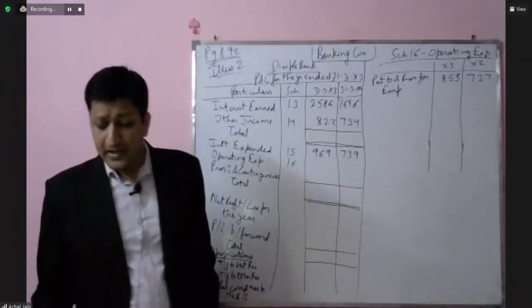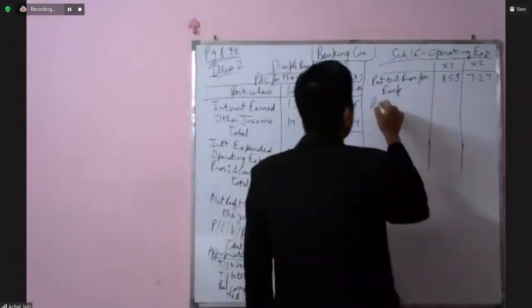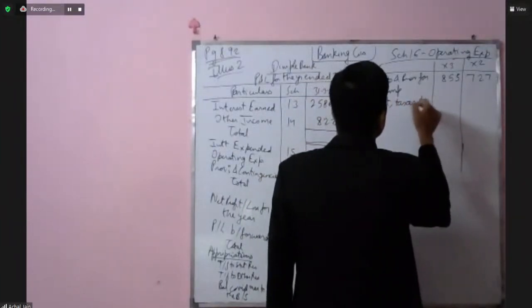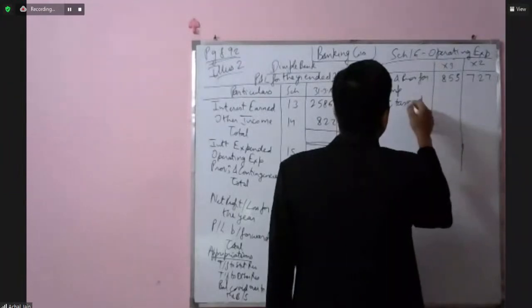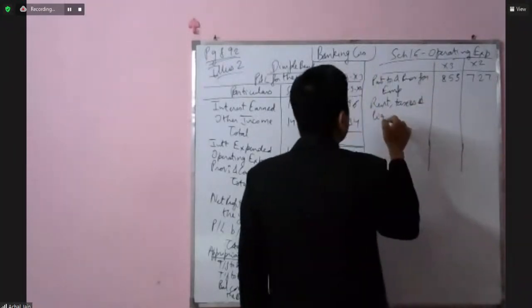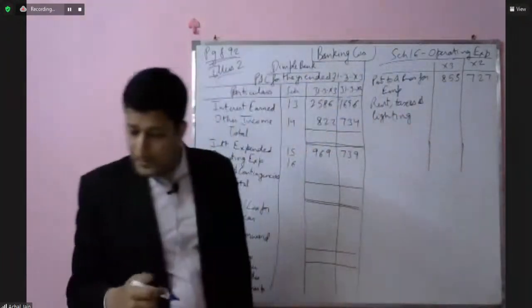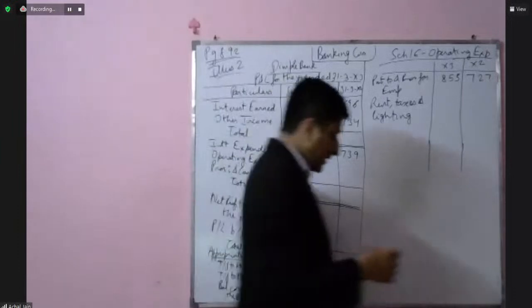Rent, taxes and lighting. So this is 179, 158.